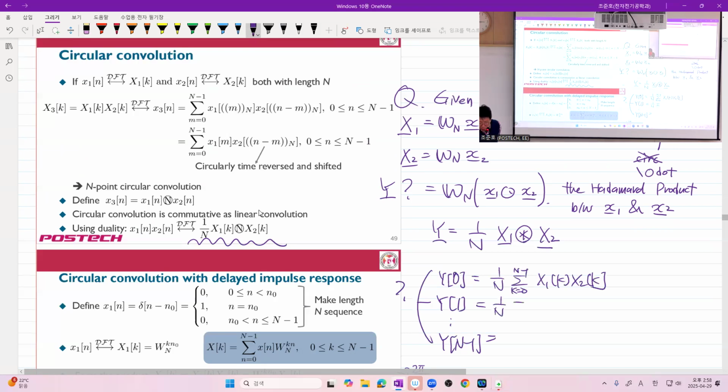Here we need some mod something. So we circular downshift by 1. Something like this. Got it? So you have this part.